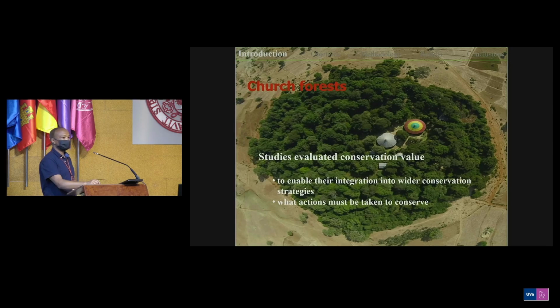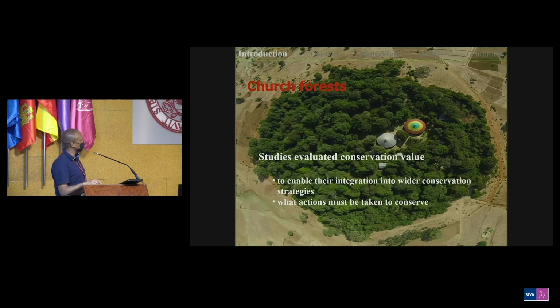Because of that, currently the dry Afro-montane forests are restricted to inaccessible areas, and they are found only around the churches. These are the churches, and these forests are called church forests, remnant dry Afro-montane forests. Generally, we call them church forests.